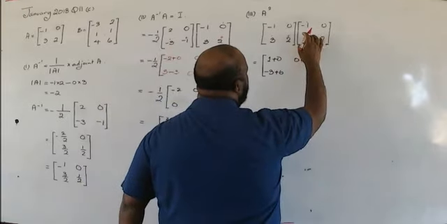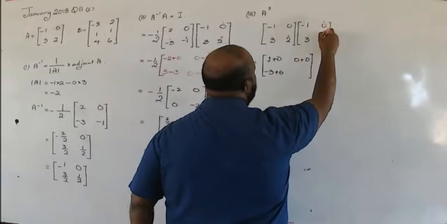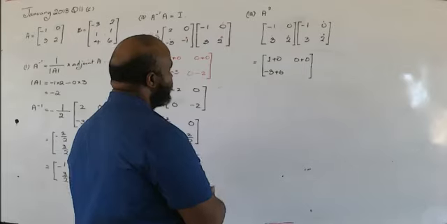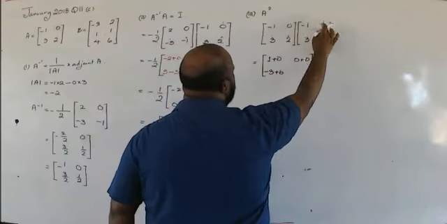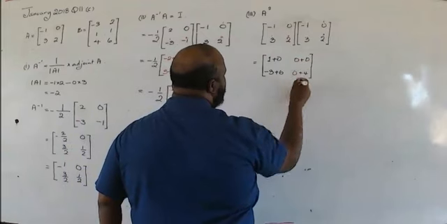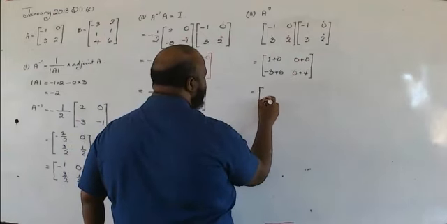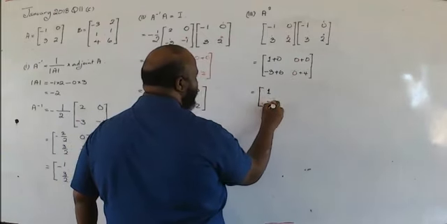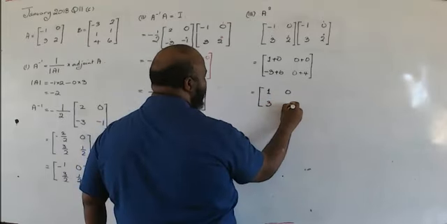Move over now to the right column: 3 times 0 is 0, plus 2 twos is 4. Did you get 1, 3, 0, and 4?